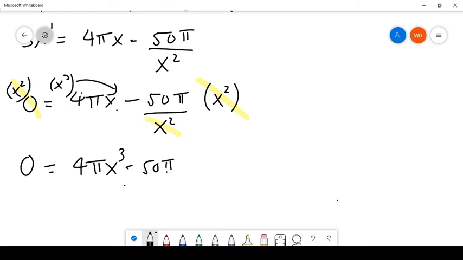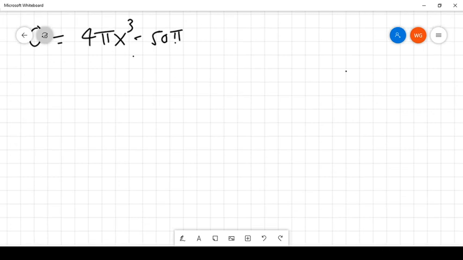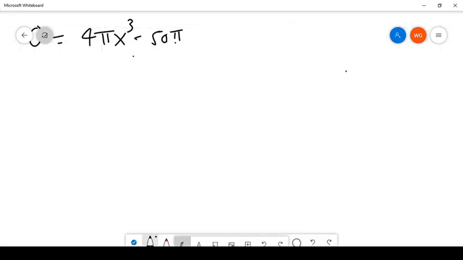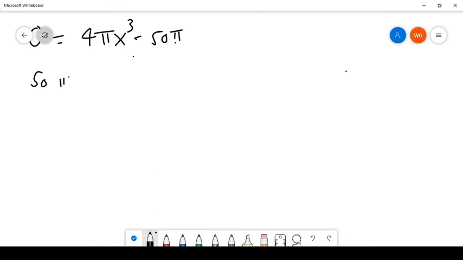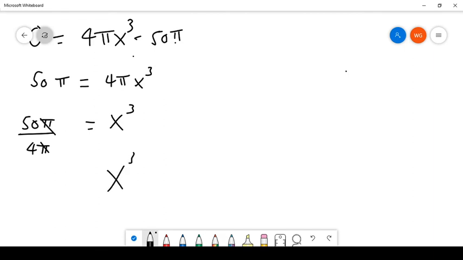Now we got to solve for x. Okay, well, easy. Let's just rearrange: 50 pi equals 4 pi x cubed. X cubed equals 50 pi over 4 pi. The pi's cancel out. X cubed equals 50 over 4. Well, what is 50 divided by 4?